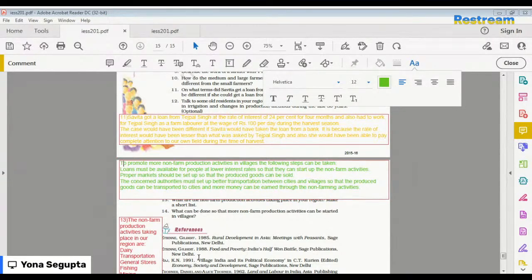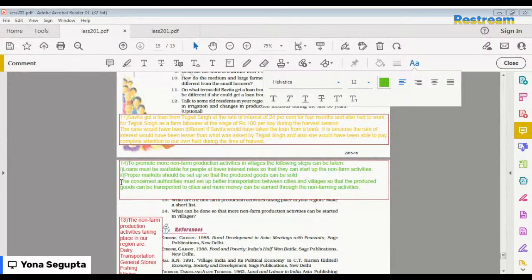This is number 14. Right? So the first one again, I'm writing. The first one is loans must be available for people at low interest rates so that they can start up the non-farm activities. Number two is proper markets should be set up so that produced goods can be sold.